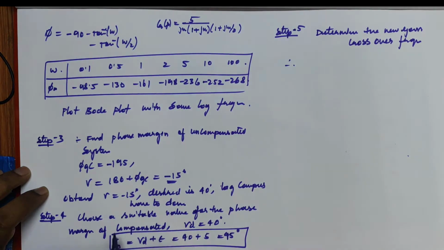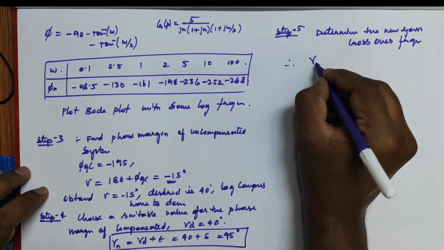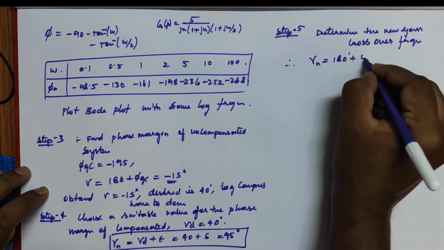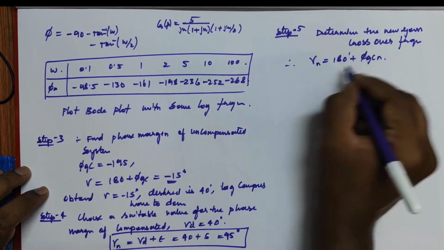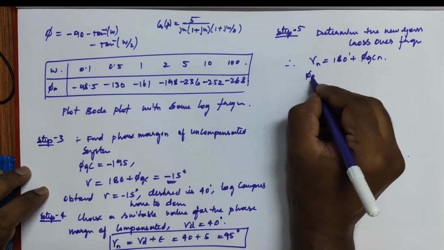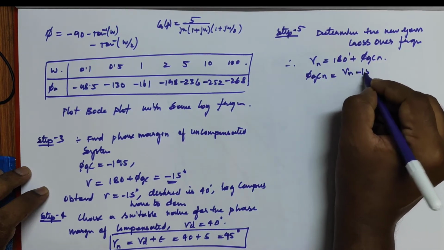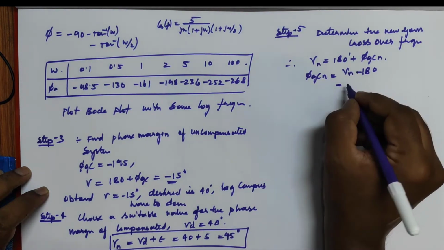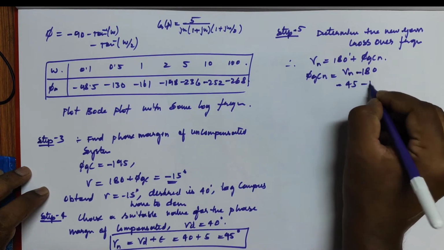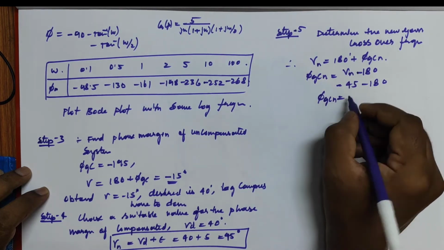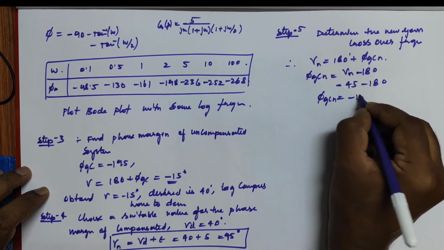So for that phase margin we have phi n equal to 180 degrees plus phase at GCN. Now from this we find phase at GCN equal to phi n minus 180. So I obtained 45 degrees minus 180, so the phase at the new gain crossover frequency is minus 135.